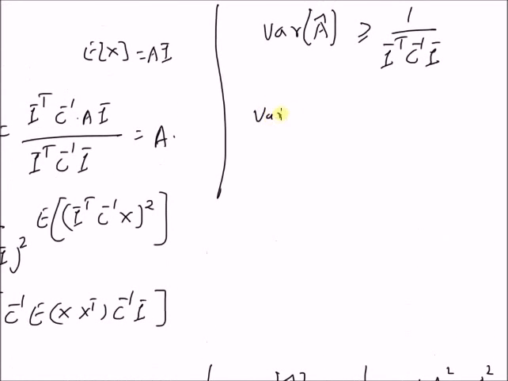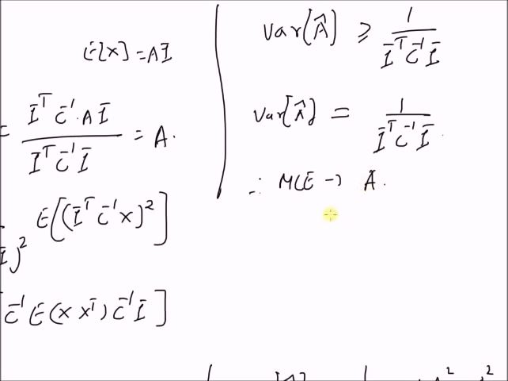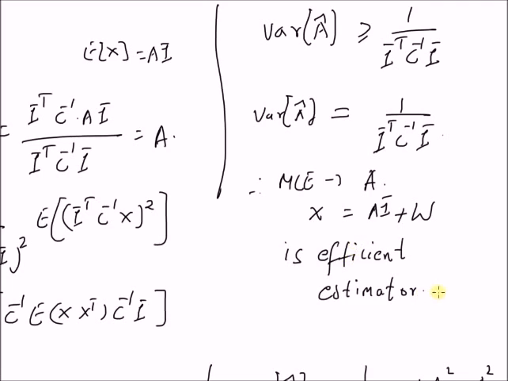Therefore, the variance of the maximum likelihood estimator A hat is equal to the CRB, which is 1 by 1 bar transpose C inverse 1 bar. Therefore, the maximum likelihood estimator for the parameter A in the linear model x equal to A times 1 bar plus W is the efficient estimator since it reaches the CRB.